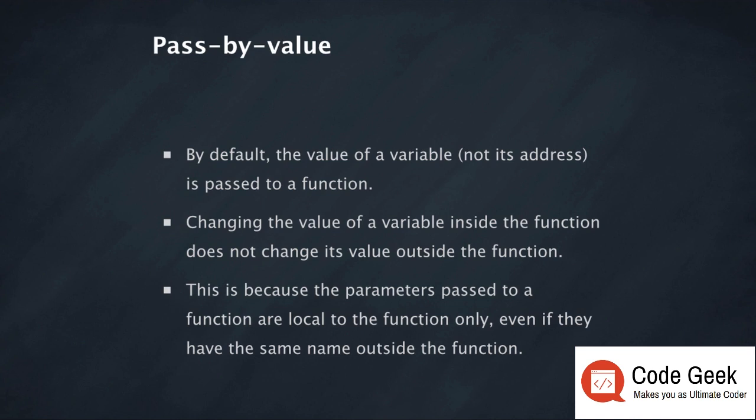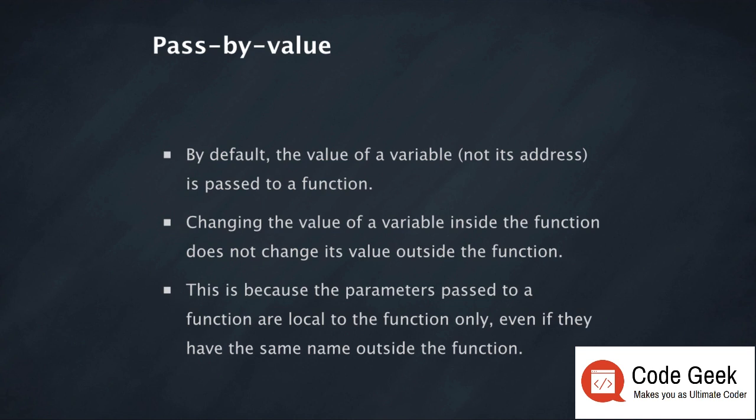So let's say if a equals 2, and we say that we're passing a, we're not passing a, we're passing 2. So the value of the variable is passed instead of its actual variable, or instead of the address. This is called pass by value, and it is the default behavior of function parameters.